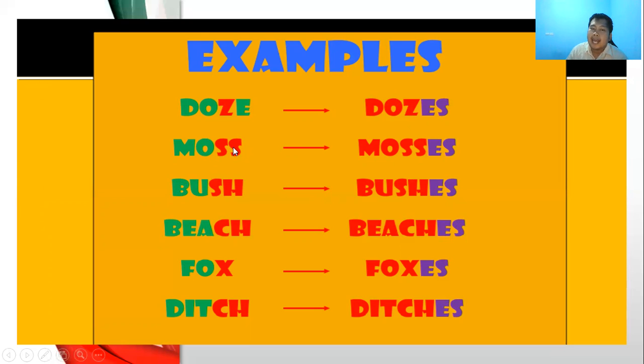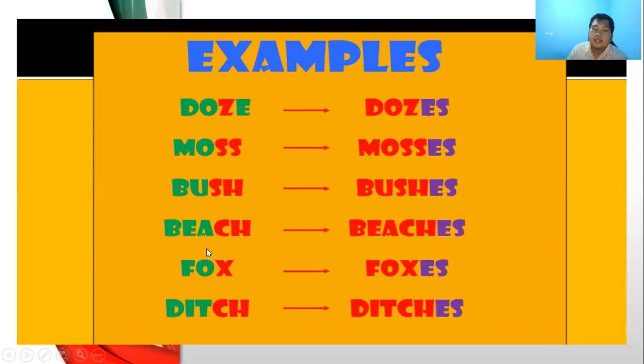Moss ends with ss, so we have to add es at the end of the word. It will become mosses, many moss. Okay. The bush. Bush ends with sh, so we have to add es at the end of the word, and it will become bushes.